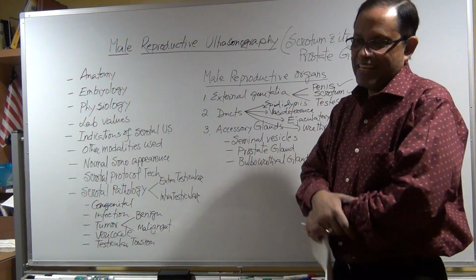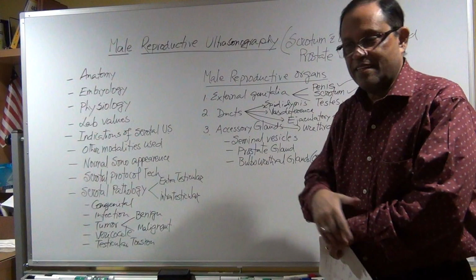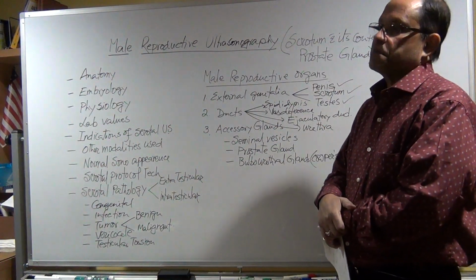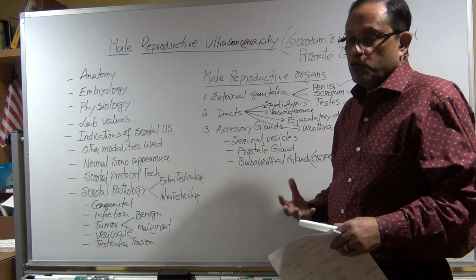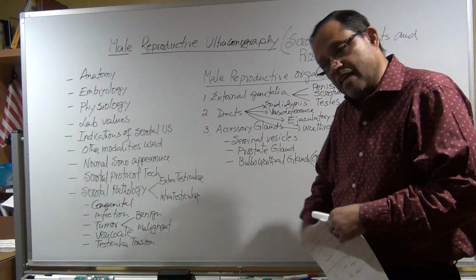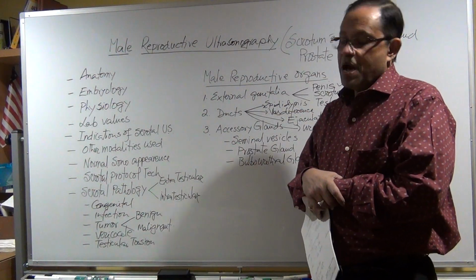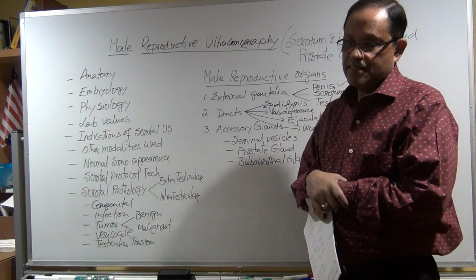What do I mean by that? That means how they are interrelated. If you see somebody's testicles did not form, or are inside the abdomen and did not come into the scrotum, then you have to check the other organs like the kidneys.